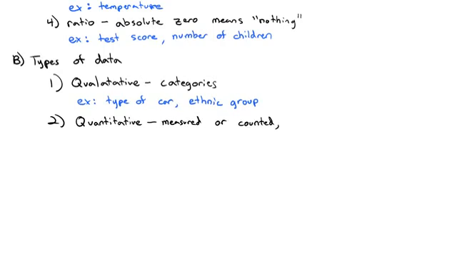Really, what we're talking about is numbers. How many, how much, how far, how long. Some examples of these might be the number of students, or the distance to school.